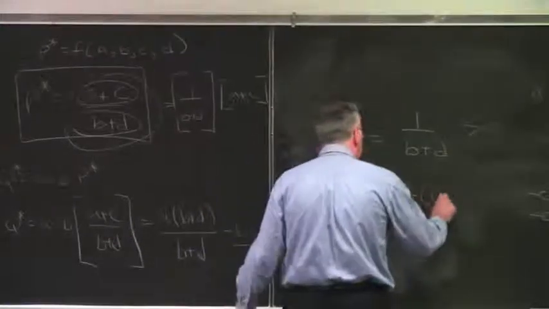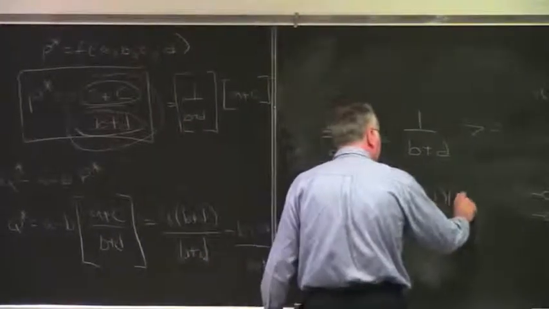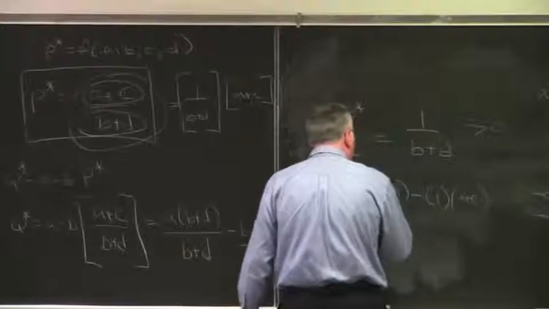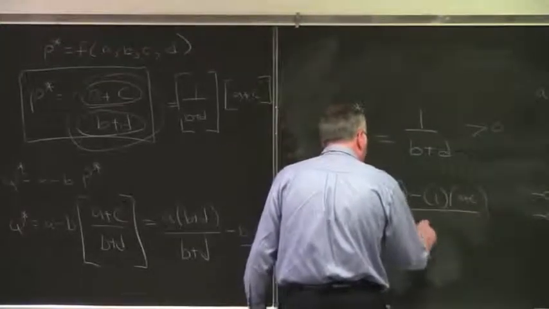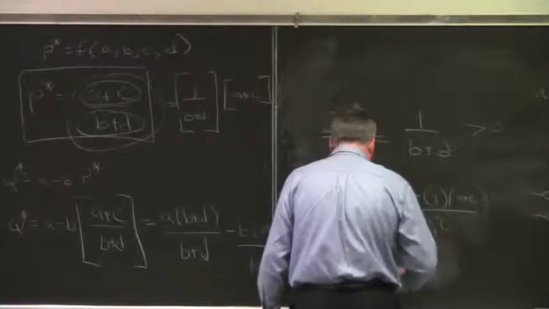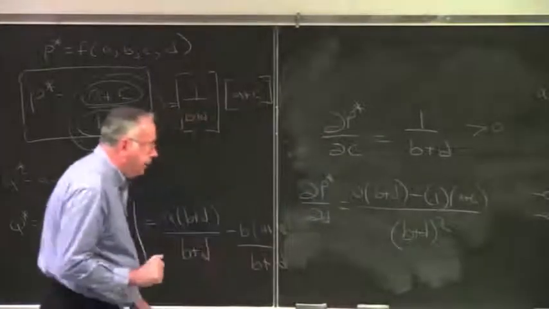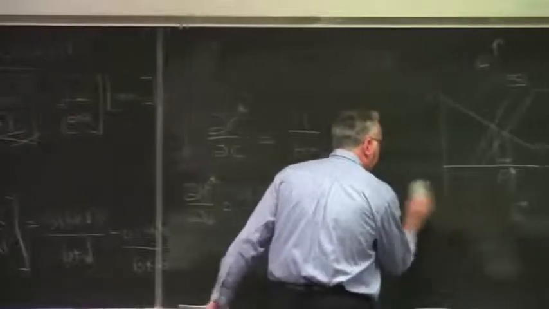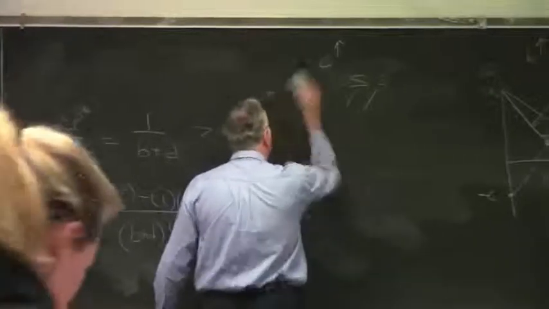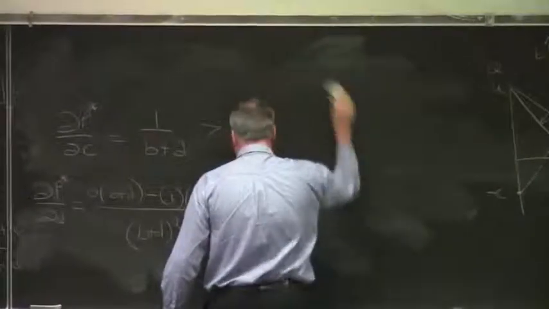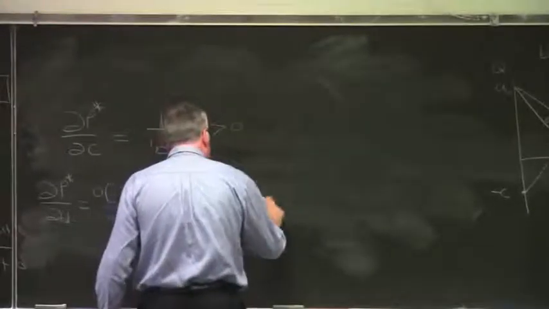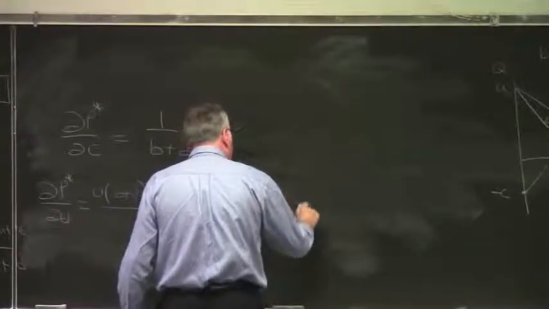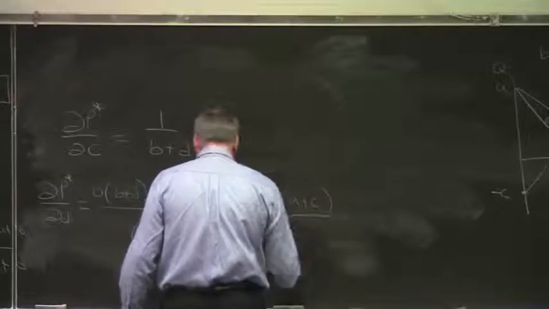Times the numerator, A plus C, over the denominator squared. So this simplifies. You've got a 0 here, so this simplifies to just minus A plus C over B plus D squared.